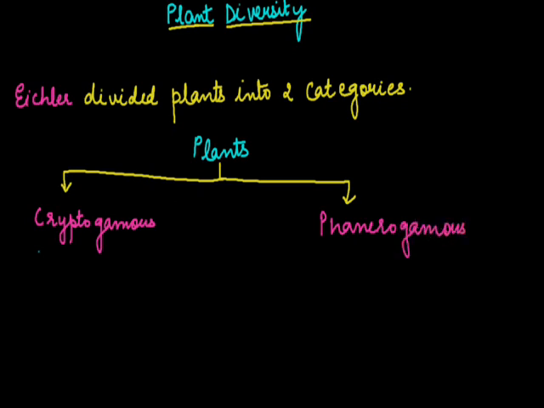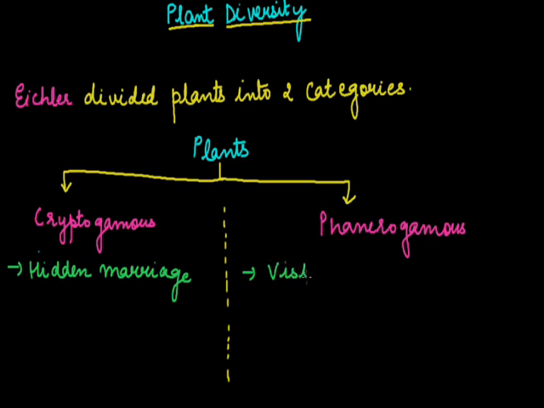The differences between cryptogamous and phanerogamous are as follows. In cryptogamous, there is hidden marriage, whereas in phanerogamous, there is visible marriage.